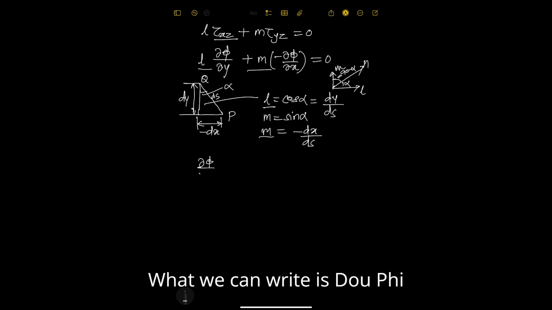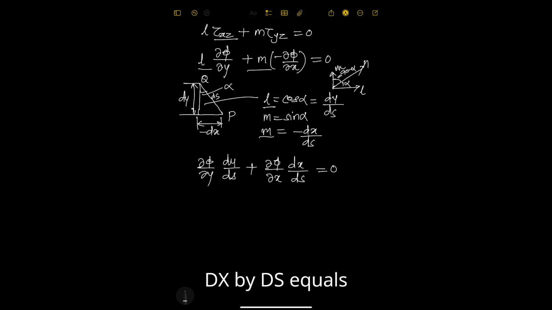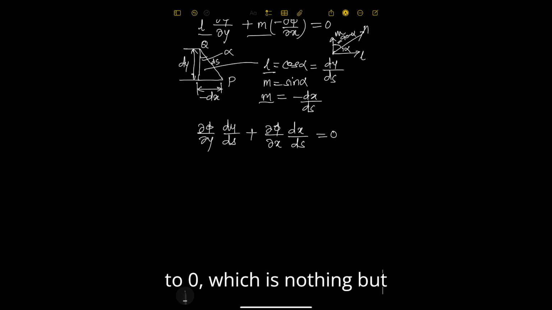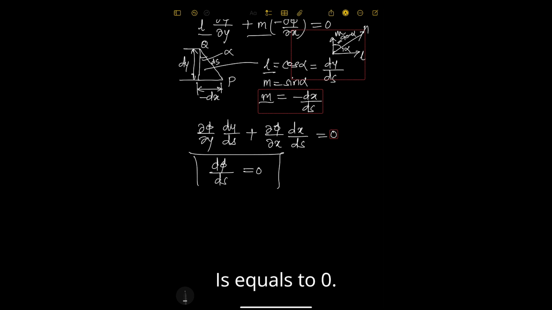Now putting the values of L and M in this equation, we can write dou phi by dou y into dy by ds plus dou phi by dou x into dx by ds is equal to 0, which is nothing but the total derivative of phi with respect to s is equal to 0.